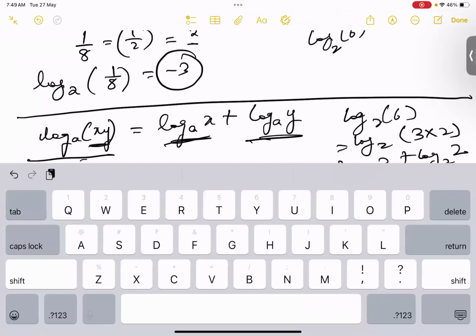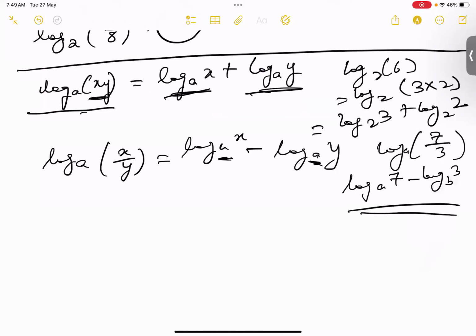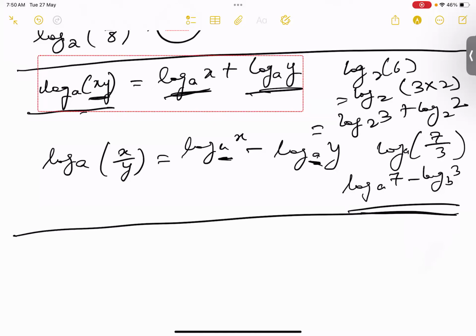For example, log base a of 7 by 3 will be log base a of 7 minus log base a of 3. So if there's a product, we separate the log and add; if it is division, we subtract.